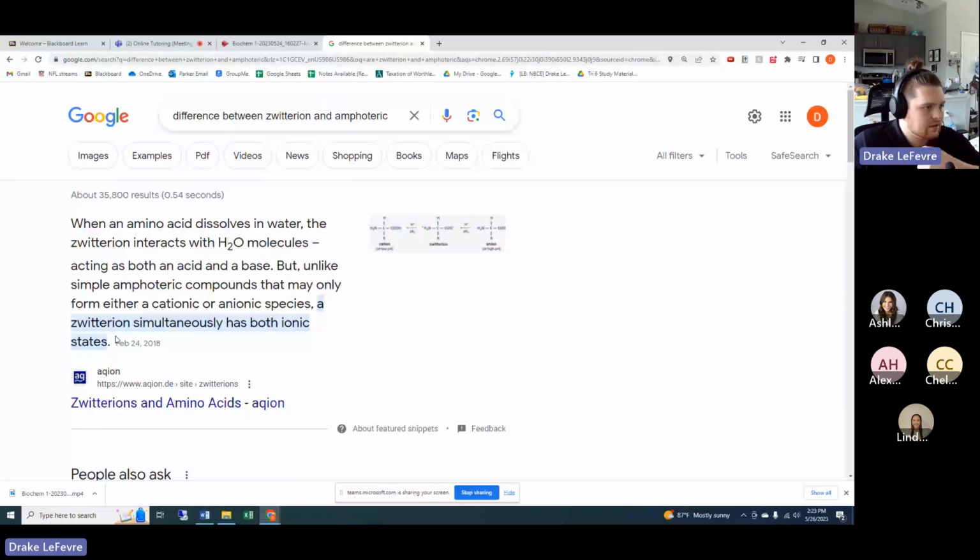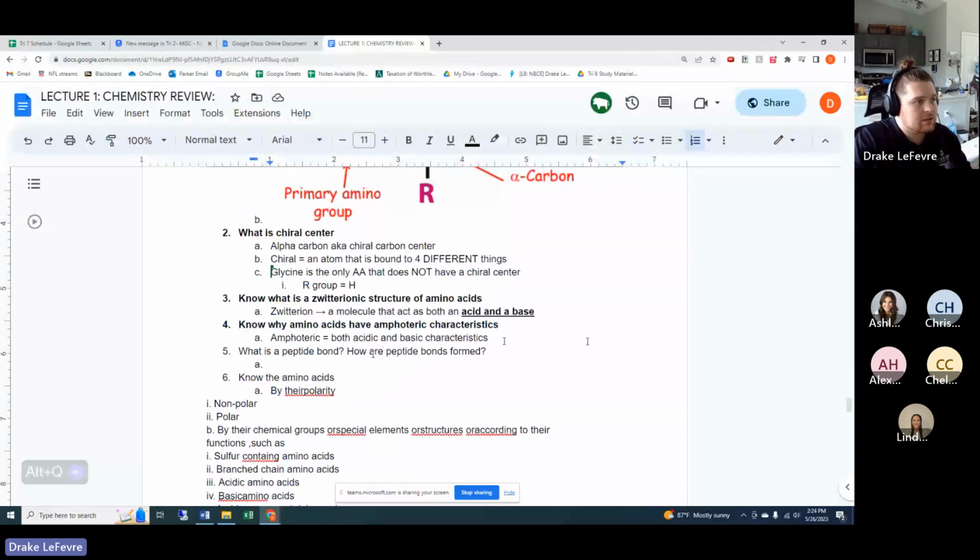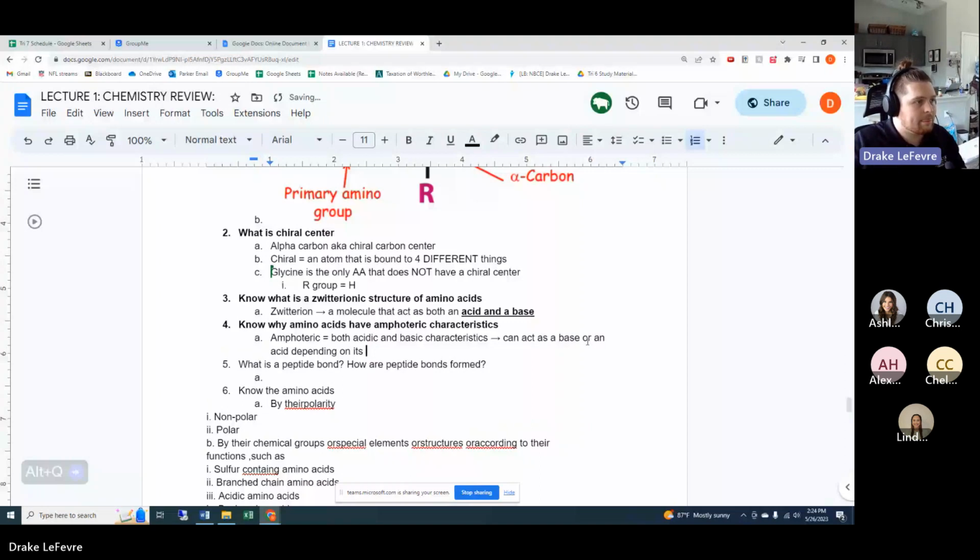So this is saying it can act as a base or an acid, depending on its situation. But this one acts as both. That's the difference between the two. Don't you love Google? So helpful.